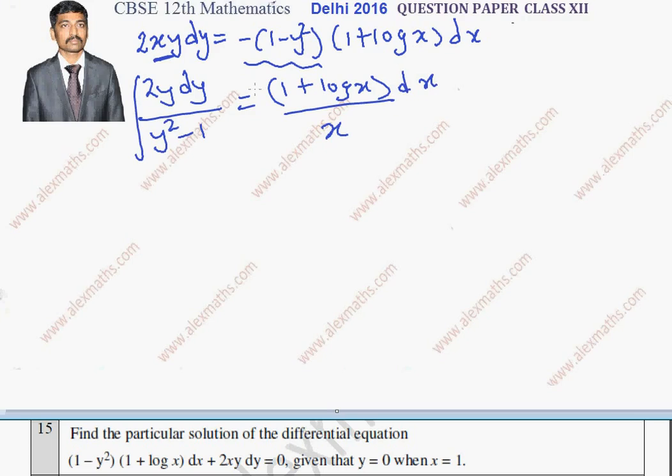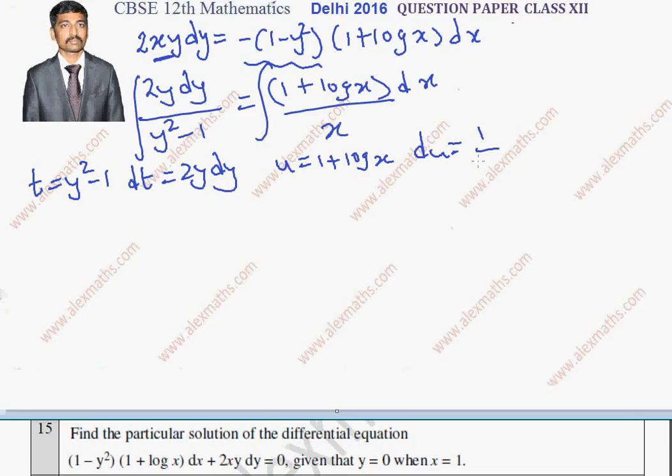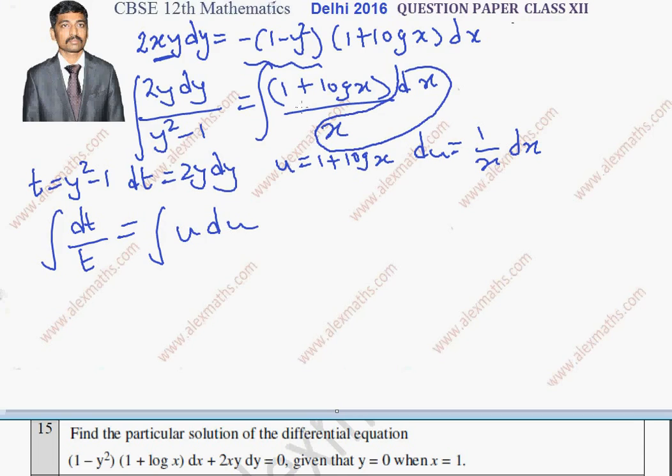Now I separated the variables. I can go for integration. Now t equal to y square minus 1, if I take, dt will become 2y dy. In the same way, if I take u is equal to 1 plus log x, du will become 1 by x dx. So if I substitute here, this is going to be dt by t equal to integral u du, because this whole thing is du and this whole thing is u.